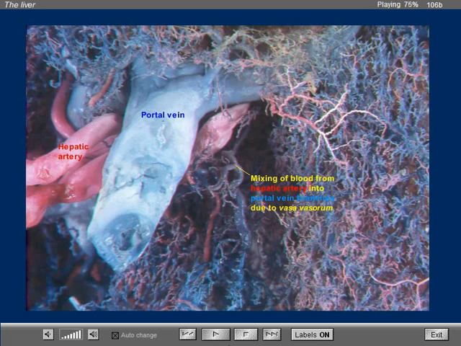So communication normally exists at the level of the liver lobule, but communication can exist proximal to the liver lobule because of the vasa vasorum of the portal vein, which is supplied by the hepatic artery. And we shall show you later the mechanism of arteriovenous communications that can be demonstrated when doing hepatic arteriography.